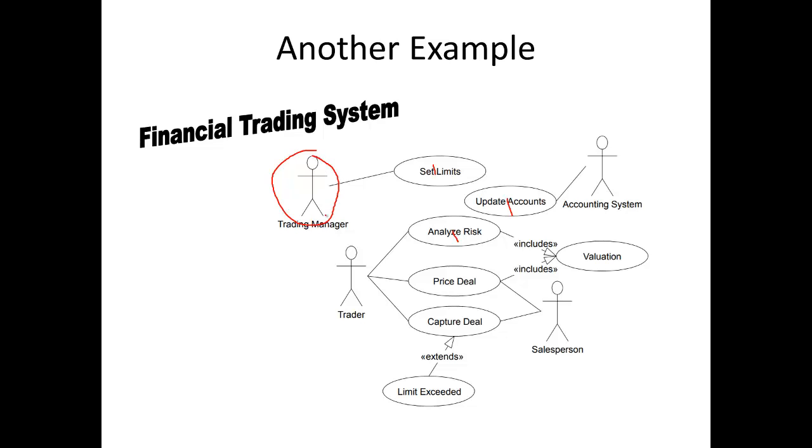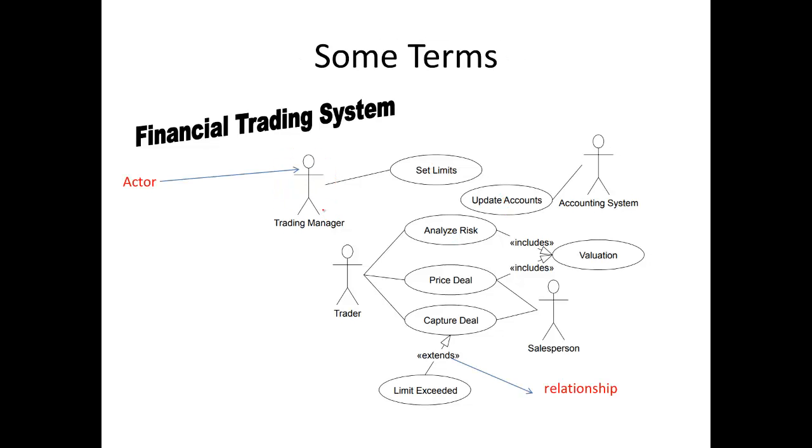In the future, we will know that we call this an actor. An actor means someone or some system who can perform the use case. So an actor can be associated with some use cases. How many actors do we have here? 1, 2, 3, 4 actors here.